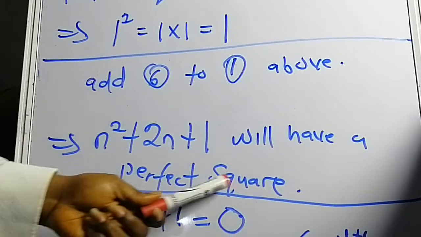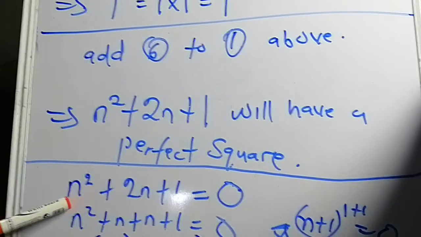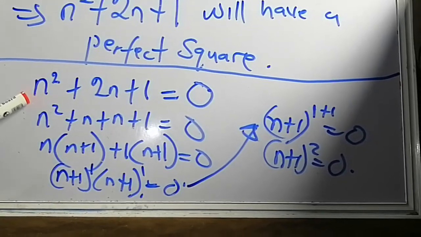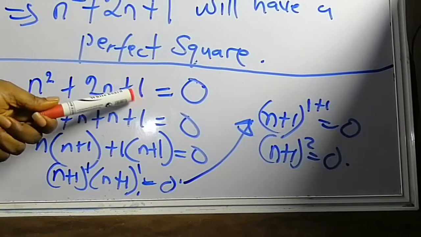We have a perfect square. Now for you to confirm that it is a perfect square, that was why I did this. This is not compulsory, but I had to show you so that you can see that it is a perfect square. n squared plus 2n plus 1.